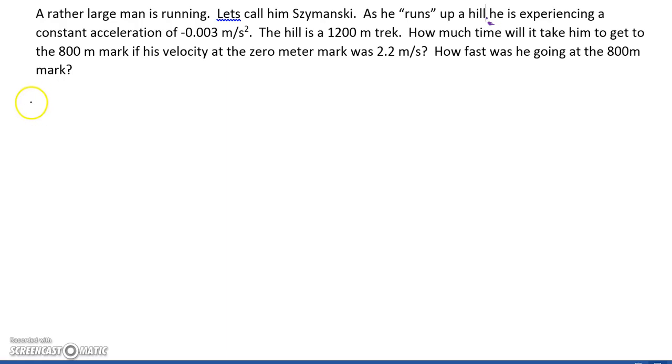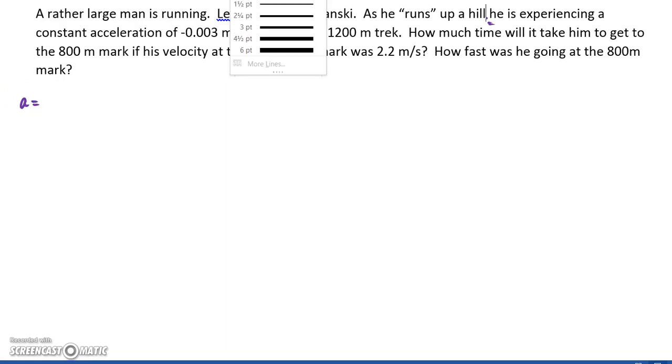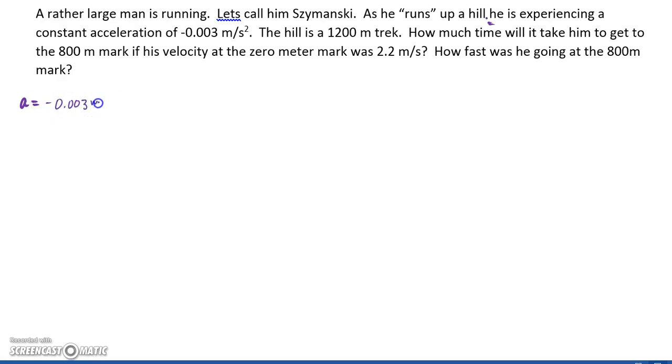So first thing is, I like to always list my givens. We are told that acceleration is negative 0.003 meters per second squared. And then time, we're looking for time. It's our unknown.